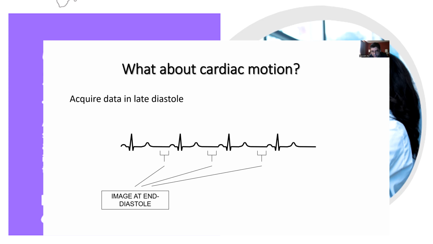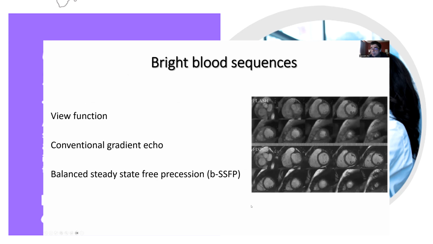The R wave is the most prominent point of the ECG, unless there are certain conditions in which it's dampened. If you time the pulse from the R wave, you end up in diastole. It's fortuitous because in diastole the motion is the least, and therefore it's much easier to get the temporal resolution to resolve what's going on in the heart. So it's a nice little fortuitousness of cardiac imaging.